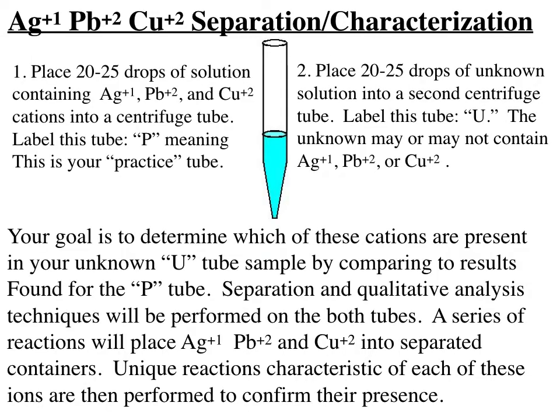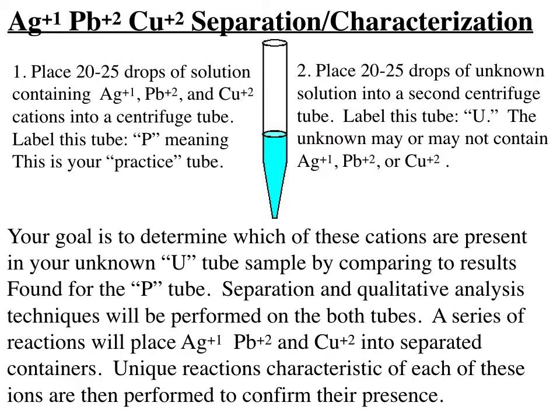Let's get right to the chase and look at the procedure which we're going to perform today to carry out our separations. We are going to begin with an aqueous solution that contains 3 cations. Now, of course, it contains anions as well, but somehow the 3 cations of silver +1, lead +2, and copper +2 have been placed into this aqueous solution.